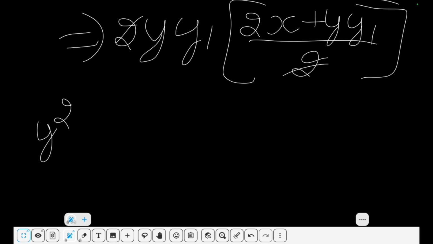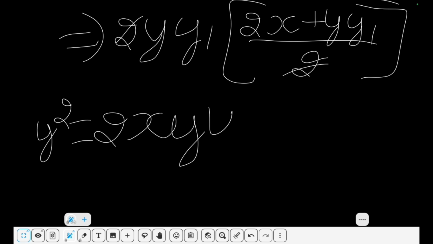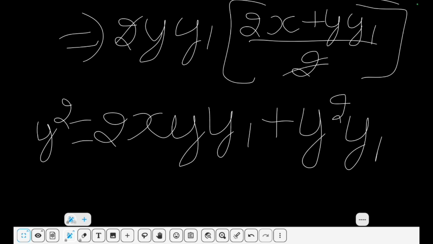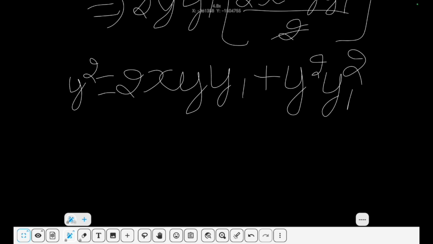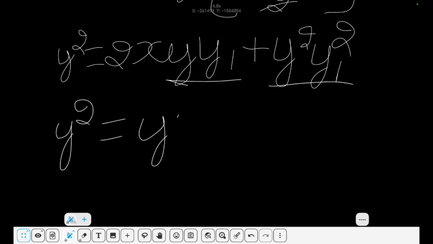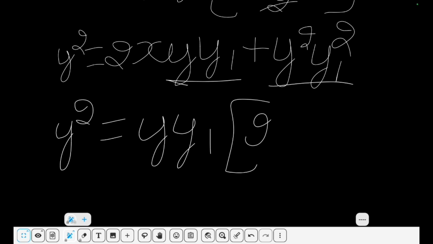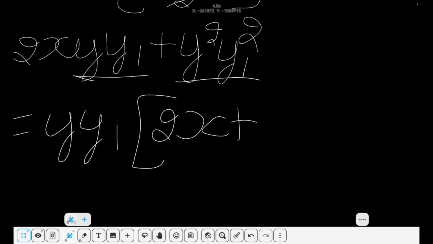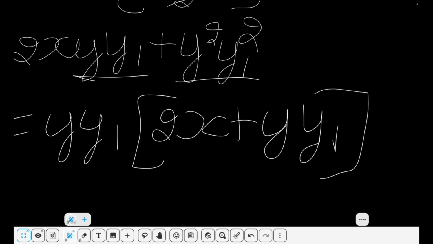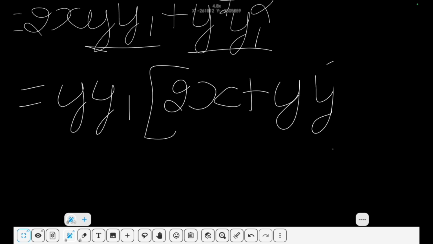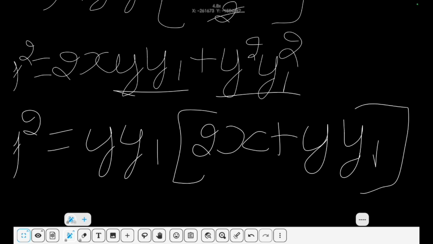Now y square will be, if I multiply, 2x y1 plus y square y1 square, right? Now y square equals, I take y1 common. That gives me y1 into 2x plus y square y1 square I have, so I need one more y1, so that the multiplication of this gives y square y1 square.